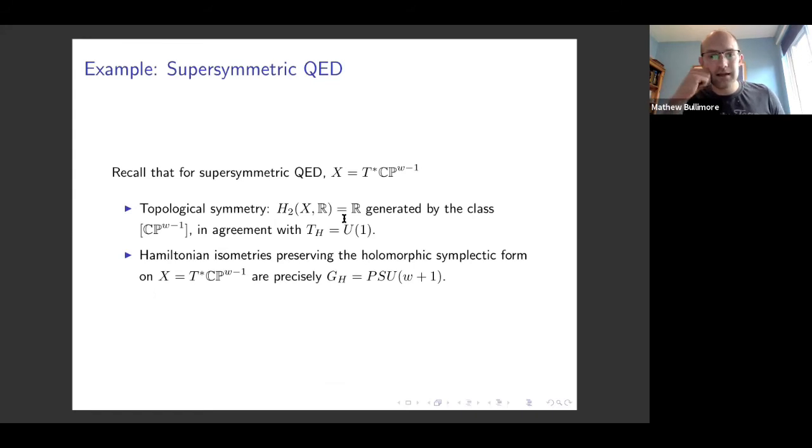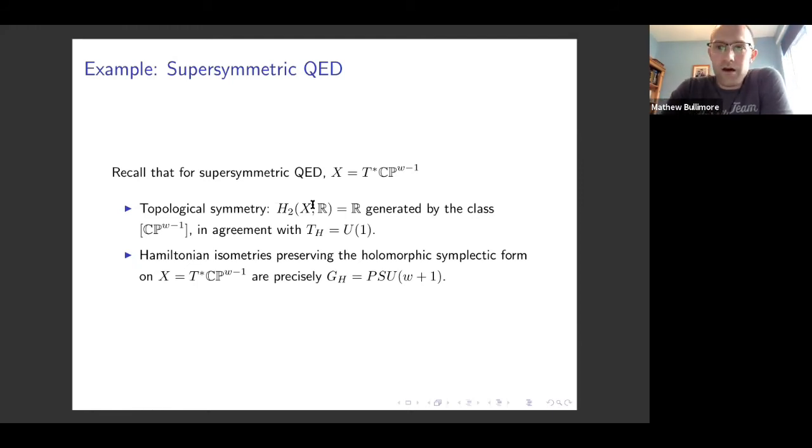Let me just give an example for a sanity check. We just saw in supersymmetric QED that the target space was the cotangent bundle of complex projective space. To recover the topological symmetry, the second homology is just generated by the class of the base.